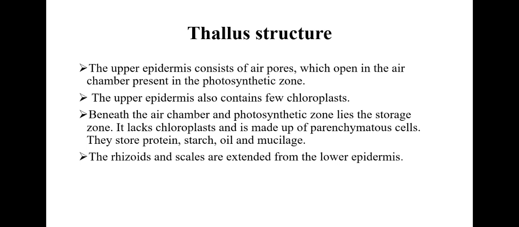They store protein, starch, oil, and mucilage. The rhizoids and scales extend from the lower epidermis. In the first video, I told you what a rhizoid is. Rhizoids are root-like structures, not true roots, but they perform the function of roots.